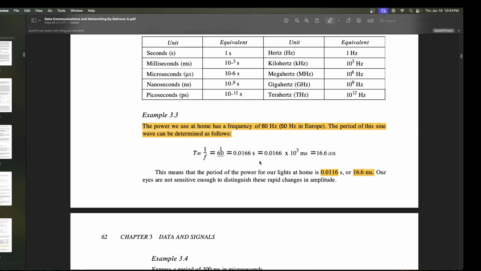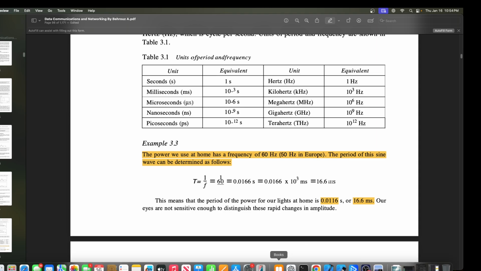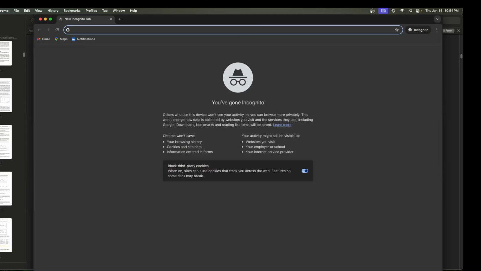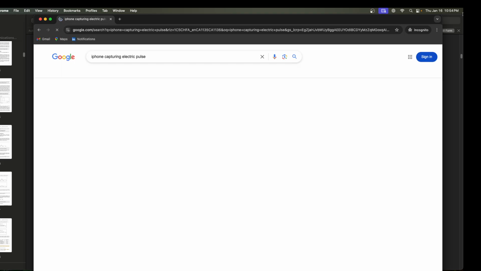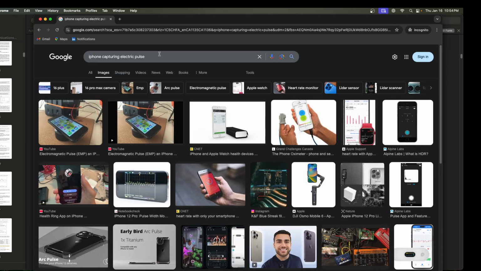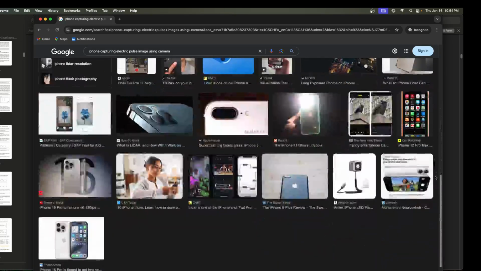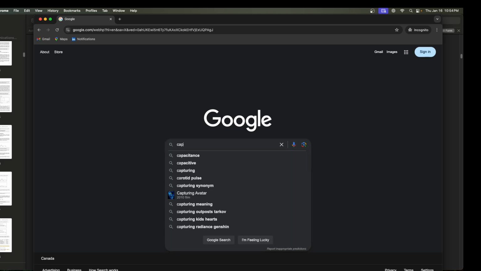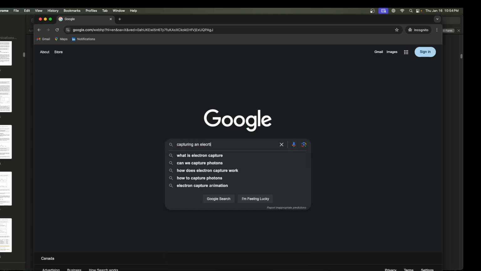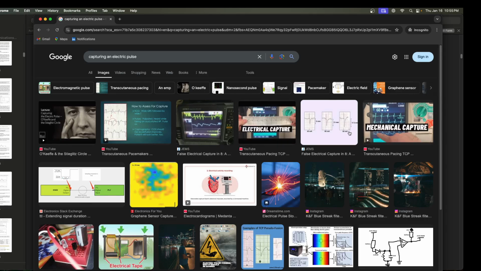But you can use an iPhone camera. Let me check if there is an example of an iPhone capturing electric pulses. This is an oscilloscope.